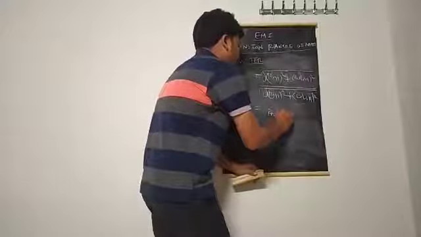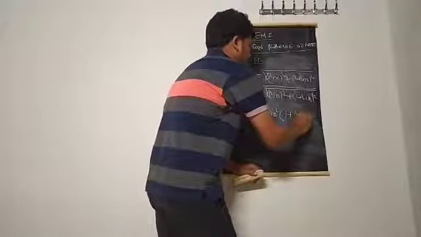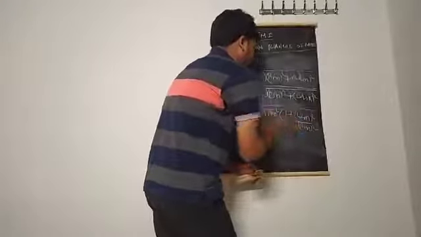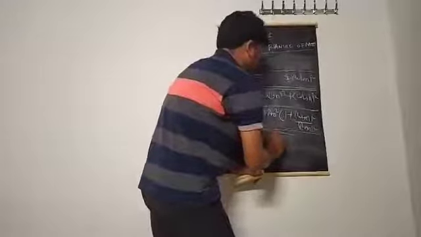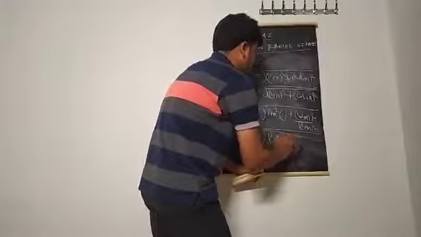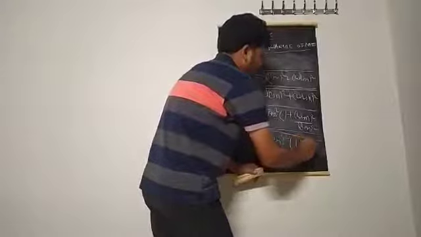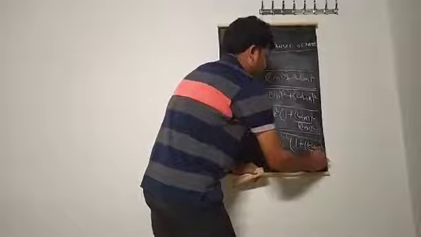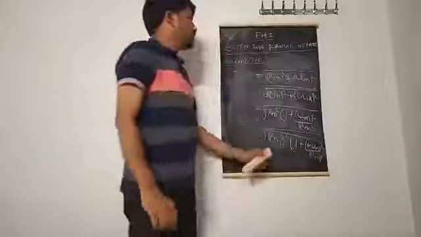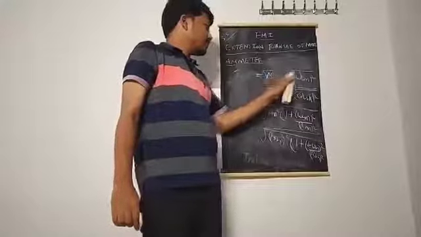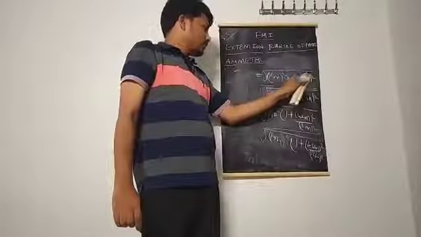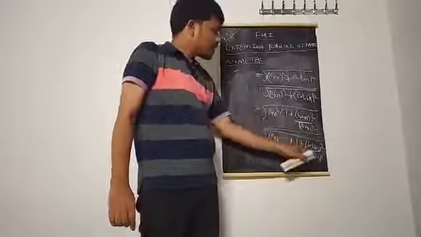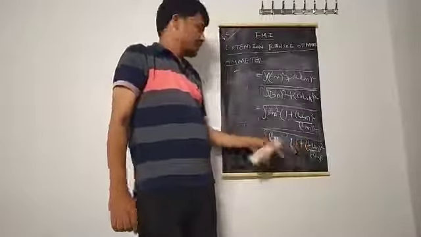Then Rm square into 1 plus omega Lm whole square by Rm square, by RSH square into 1 plus omega LSH whole square by RSH square. Is it clear? In the first, Rm square common gives 1 plus omega Lm by Rm whole square. Similarly RSH common gives 1 plus omega LSH by RSH whole square.